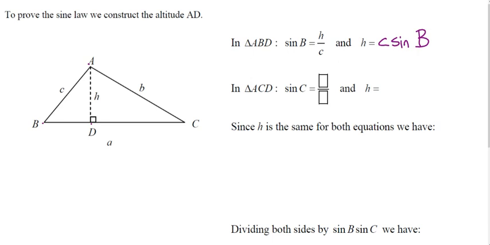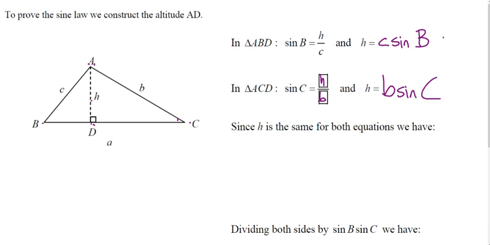In triangle ACD, the triangle on the right-hand side, so A to C to D, the sine of angle C is opposite over hypotenuse, which is h over b, which means that h is equal to b sine C. Since h is the same for both equations, if we know that h is c sine B and b sine C, what do we know?